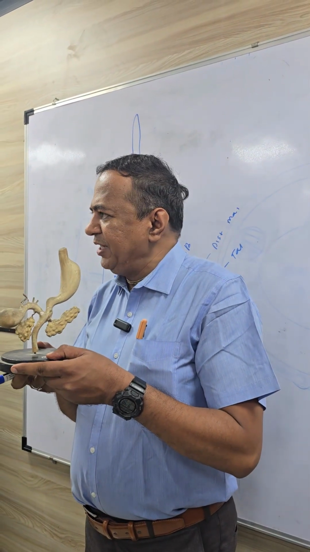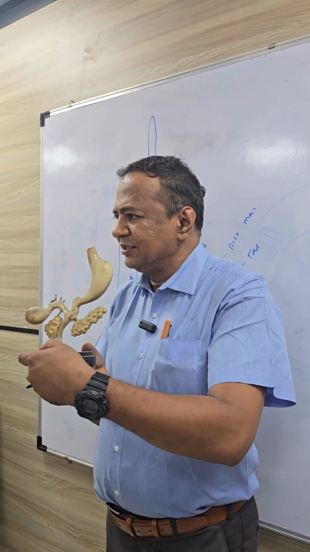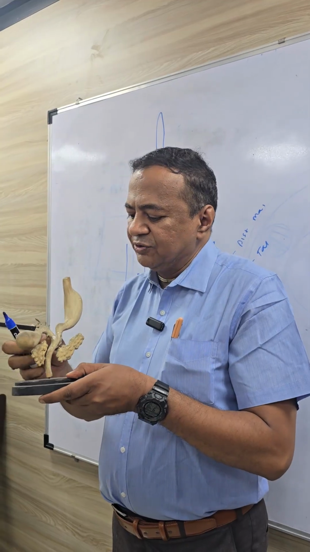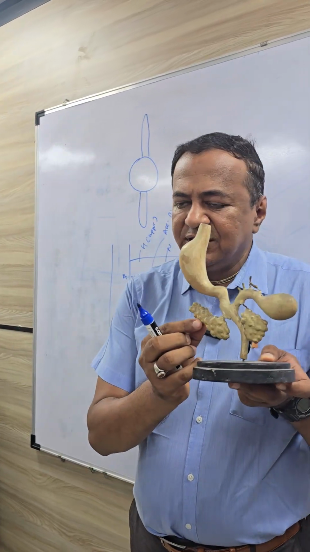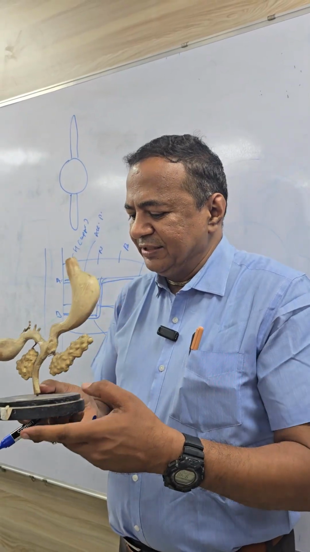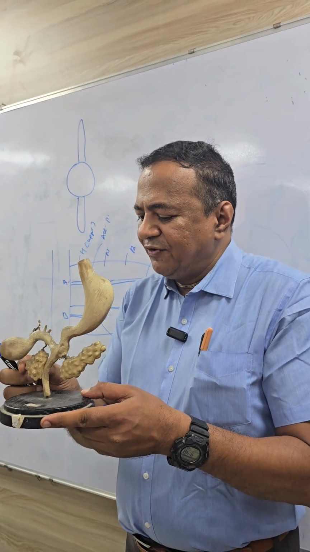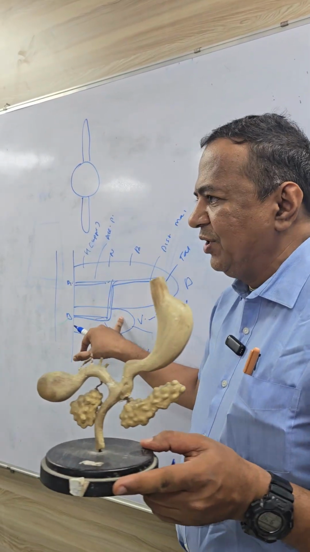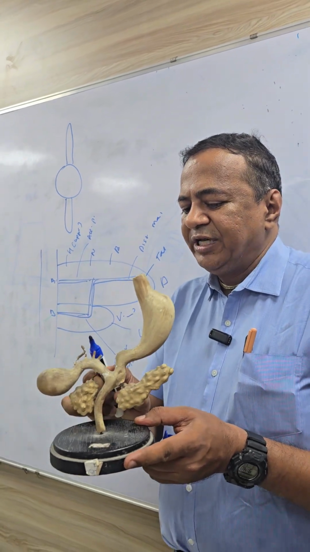The stomach initially developmentally is like this, then it turns like this. This is the anterior border. So this is the ventral bud. This is the dorsal bud. Now the stomach will turn like this. After that the ventral bud will come to lie below the dorsal bud. Now what is this?